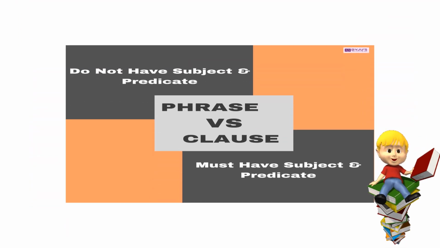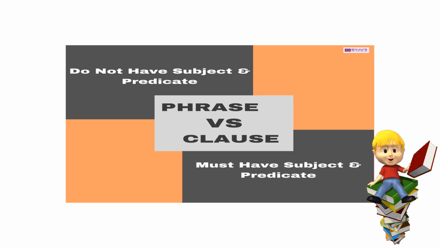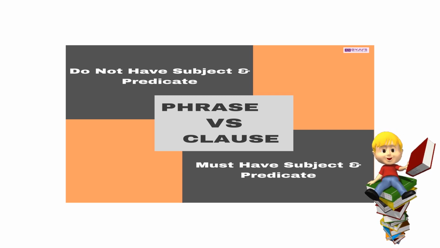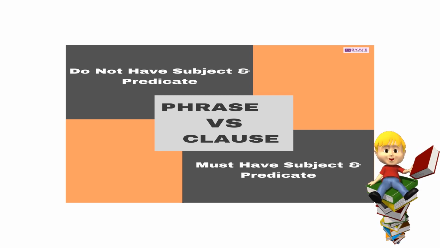As I told you in the previous slide, phrases do not have a subject and predicate. However, clauses must have a subject and predicate. That is the main difference between a phrase and a clause. Now let's see through different examples how we can prove our point.